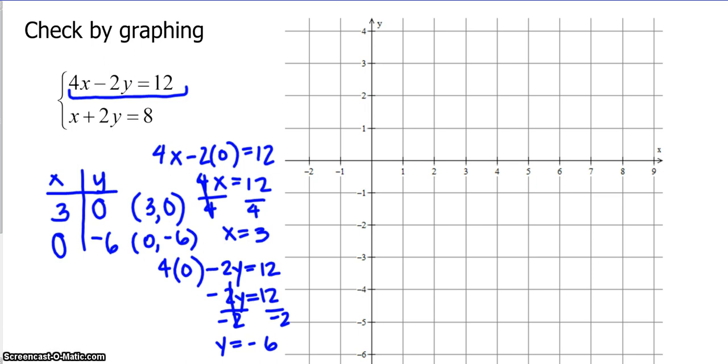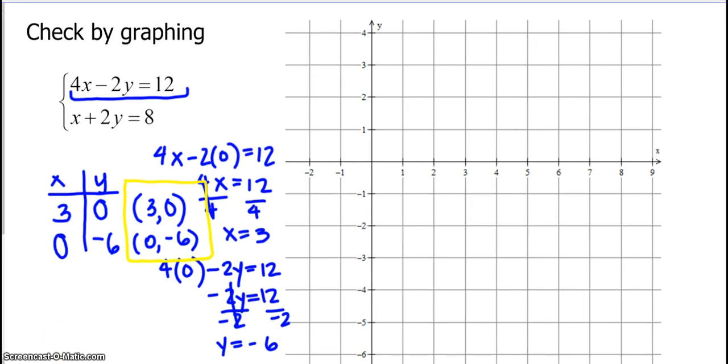So the two ordered pairs that I need to plot: we have an ordered pair at 3, 0, which is our x-intercept, and we have an ordered pair at 0, negative 6, which is our y-intercept. And we can connect those 2 points to make a straight line, just as if we were making a table. When we make our table, we plot our points, and then we connect those points using a straight edge.